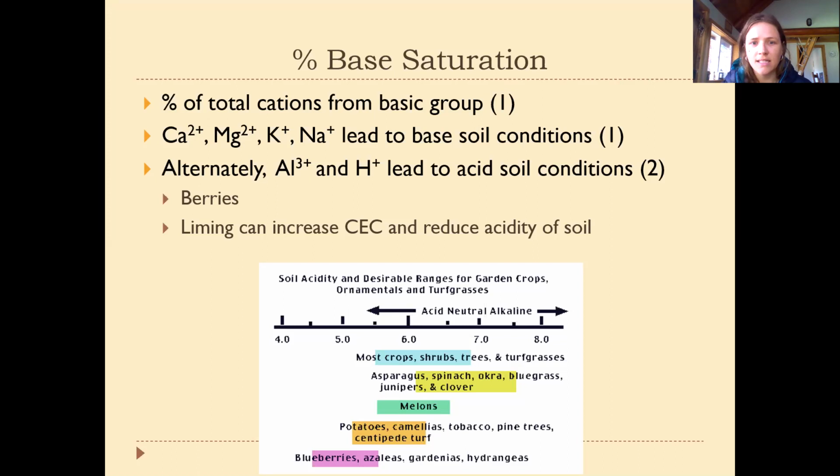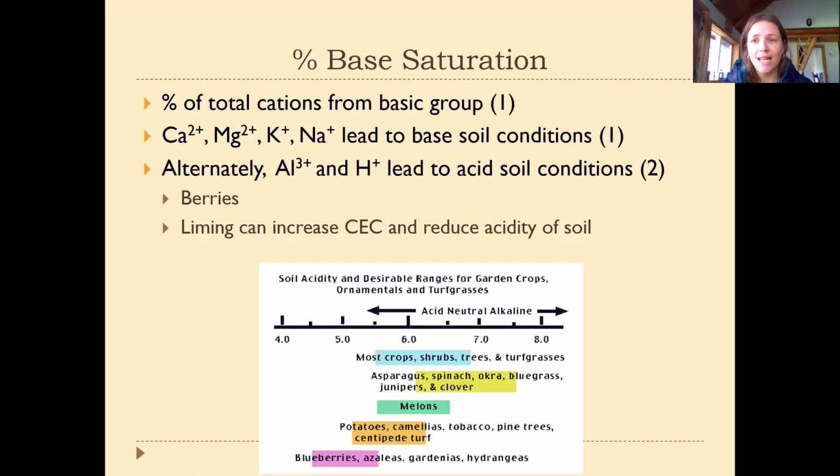So certain things like berries or rhododendrons, azaleas, like acid soil. And so they might do better with a little bit of aluminum or hydrogen in it. Other kinds of crops are going to need a more neutral pH or leaning towards a more basic pH. And so we might also have an interest in trying to understand the base saturation of cations in the soil.